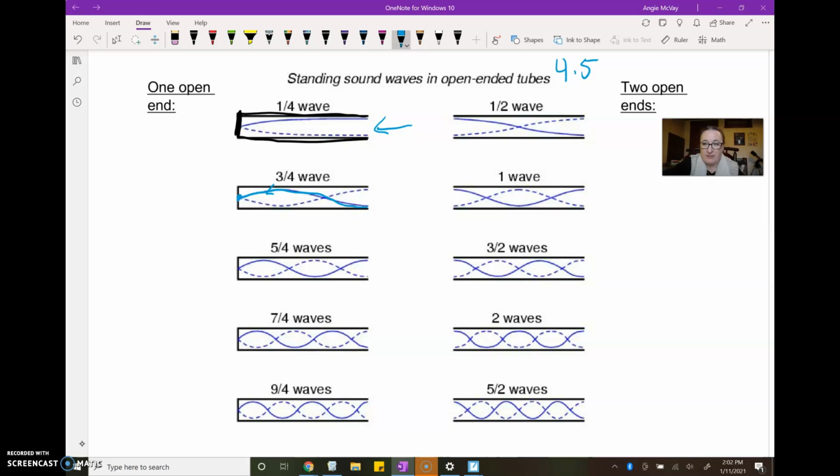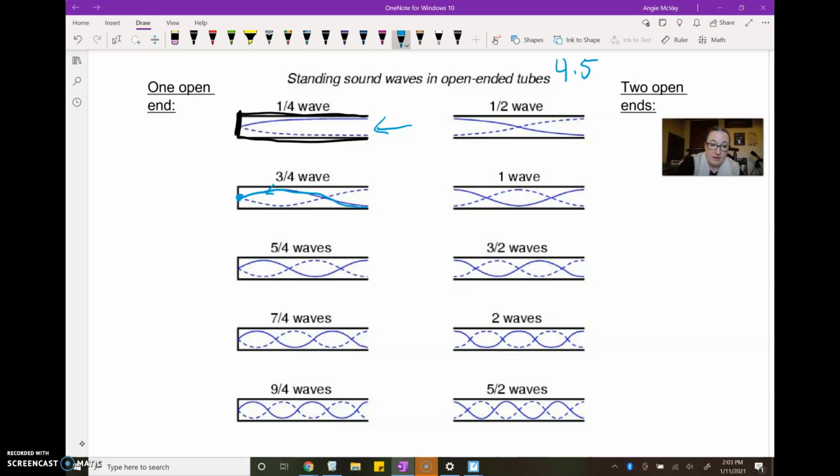Waves that are reflected off of a fixed boundary are reflected and inverted. Reflected and inverted. And so that means if the incident wave is coming in and it's reflected and inverted, it's always going to experience destructive interference right at that closed end. So we get a node.